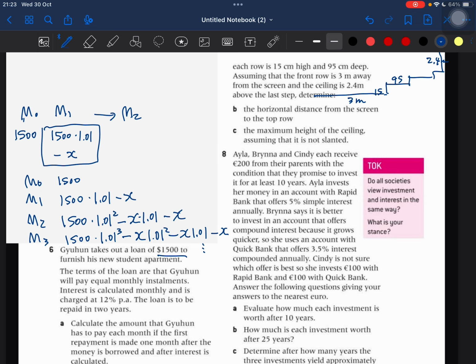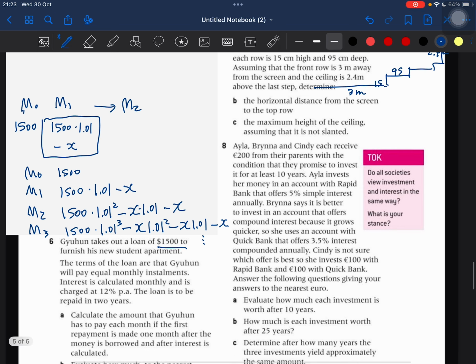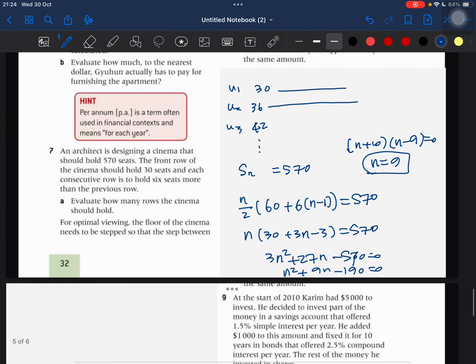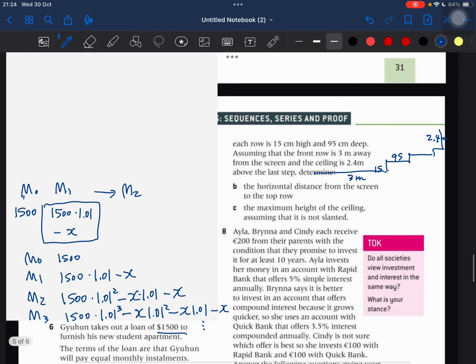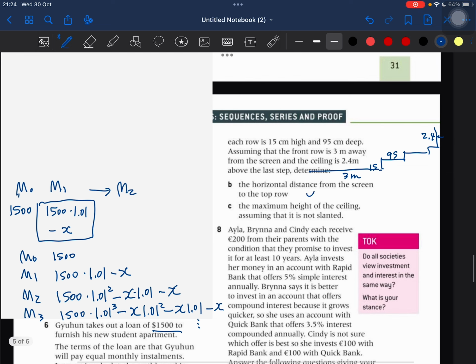Because we have 9 rows, we have 95 times 9 plus 3 meters, which is 300 centimeters.